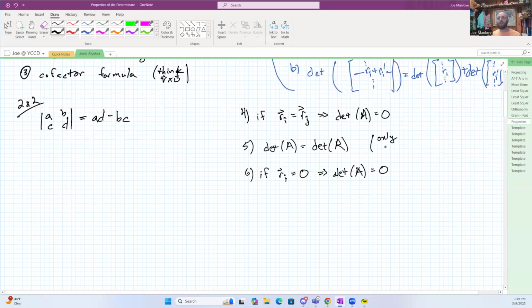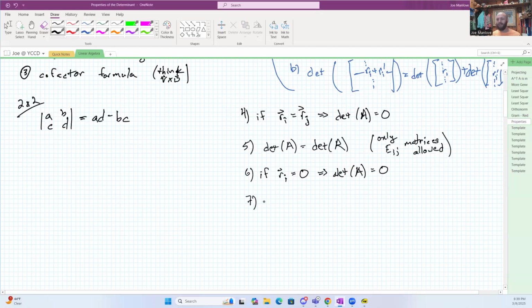Only E_IJ matrices allowed. Right. I know when I'm row reducing, I tend to divide rows through by stuff. Remember, in this case, you're not allowed to do that, right? This is only row reduction. Okay.